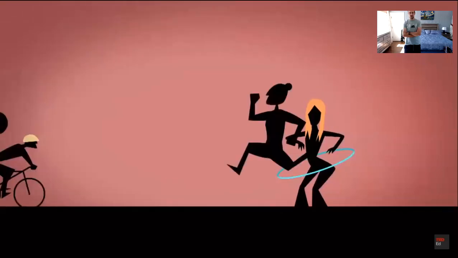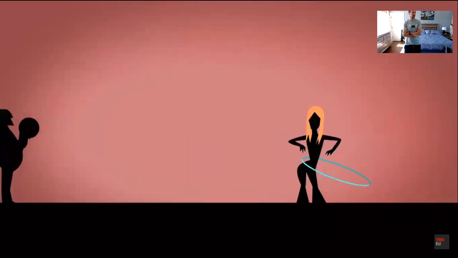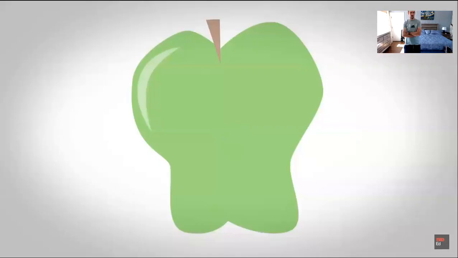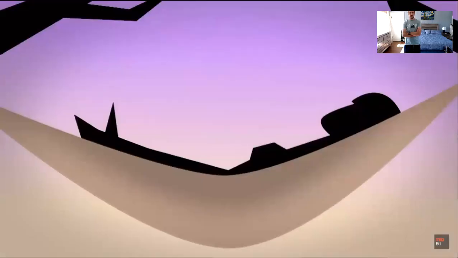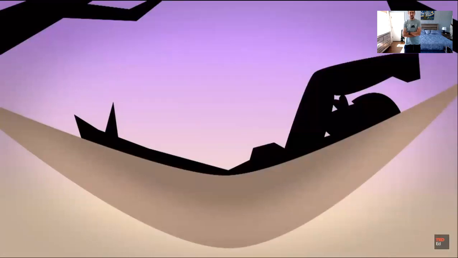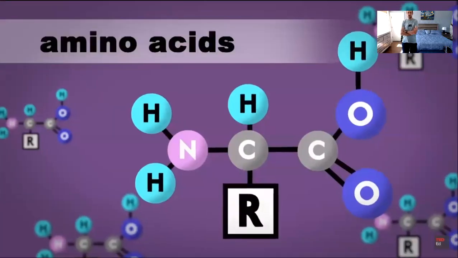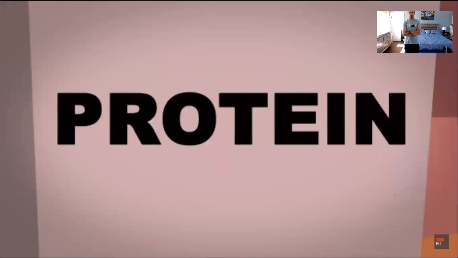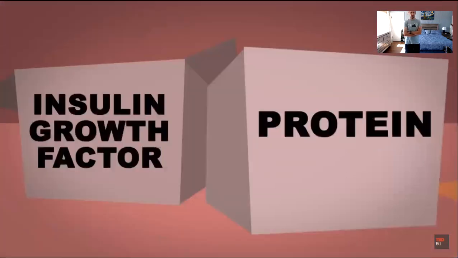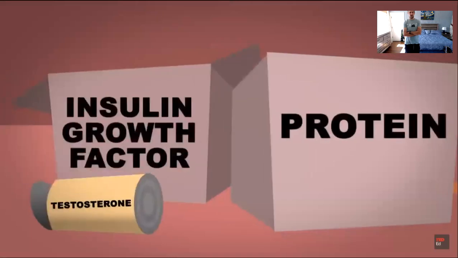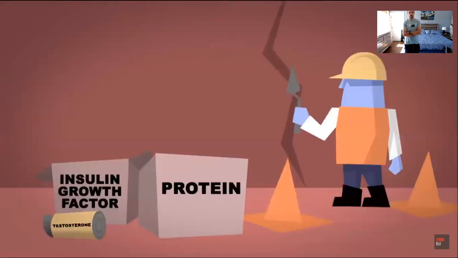However, muscles rely on more than just activity to grow. Without proper nutrition, hormones, and rest, your body would never be able to repair damaged muscle fibers. Protein in our diet preserves muscle mass by providing the building blocks for new tissue in the form of amino acids. Adequate protein intake, along with naturally occurring hormones like insulin-like growth factor and testosterone, help shift the body into a state where tissue is repaired and grown.